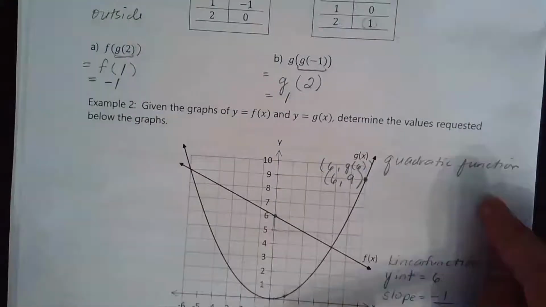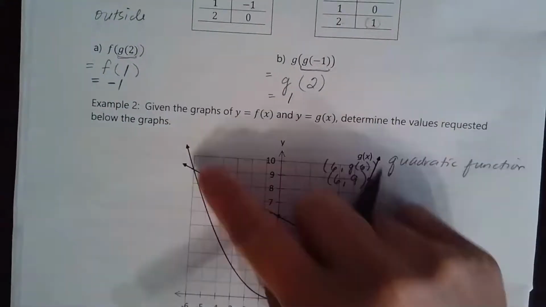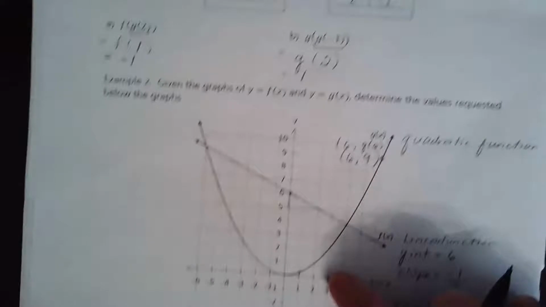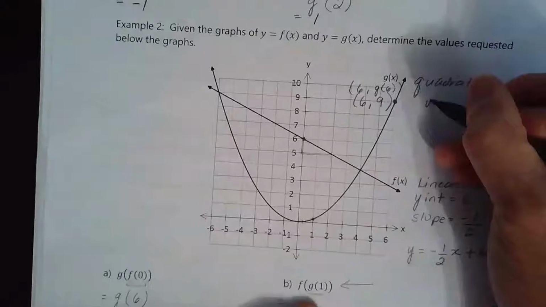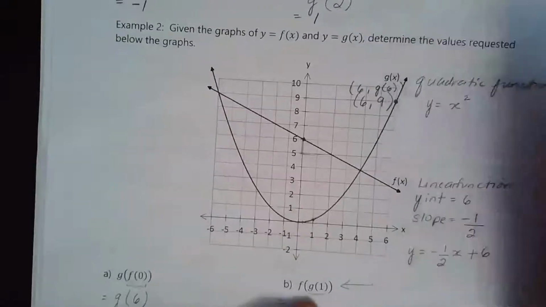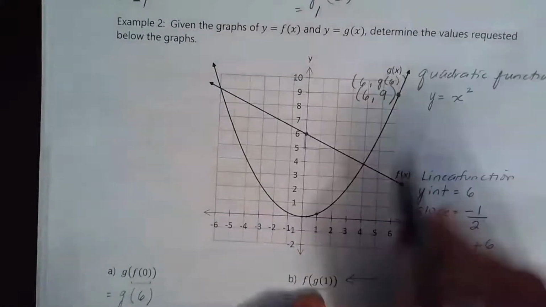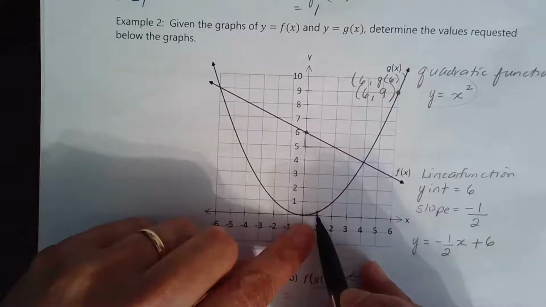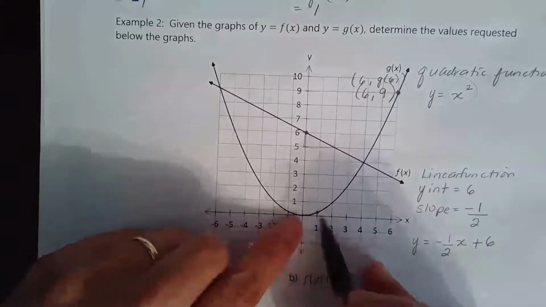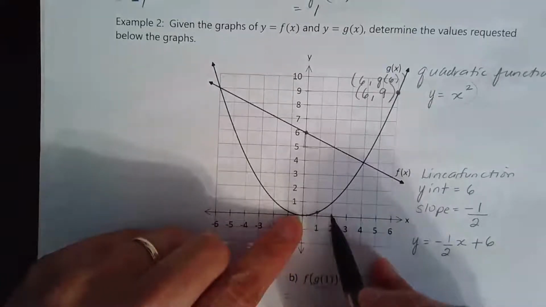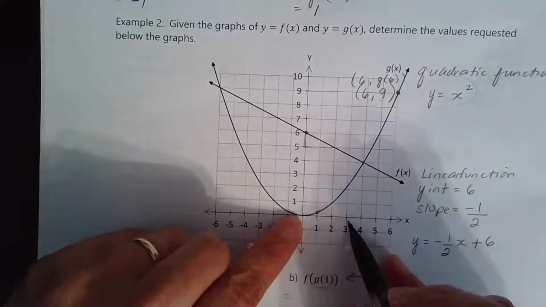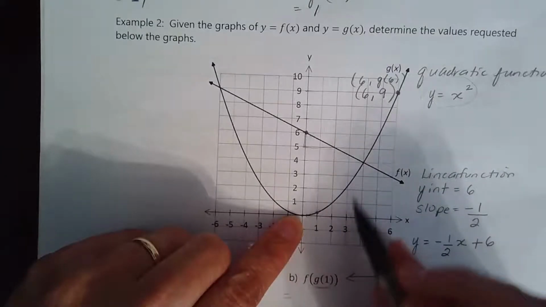What about the quadratic function? What's this quadratic function in here? We know the basic quadratic function is y equals x squared. But this is not following that pattern: if x is 1, it should be positive 1, if x is 2, it should be positive 4, and if x is 3, it should be positive 9.